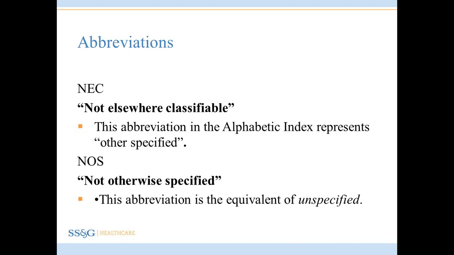So when you're looking up your codes and you're transitioning from the unspecified codes that you're used to using in ICD-9 to ICD-10, when you come across the NOS, not otherwise specified, those are the ones where you want to go back to your physician and give them the more specified codes under that subsection now, because that's usually going to be found at the very last code.